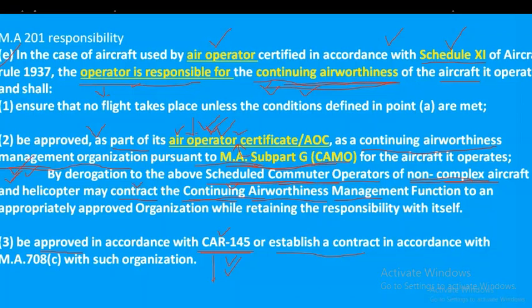Continuing airworthiness management functions cannot be contracted. That operator must be approved as a KMO, and that KMO approval must be a part of the AOC. This is the condition for a scheduled air transport operator or commercial air transport operator approved under Schedule 11, rule number 134.